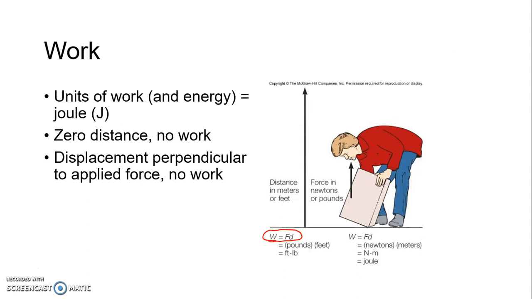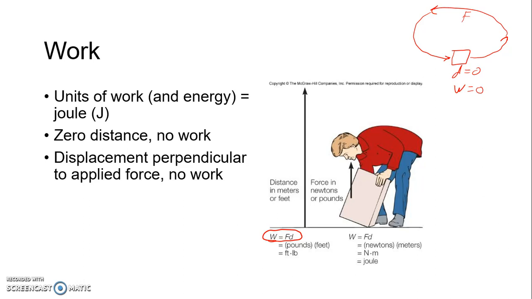That means even if I have, say, an object right here, and I apply a force and move it around and bring it right back, so it basically moves in a circle, I end up in the very same place I started. Distance is equal to 0, so my work is also equal to 0.